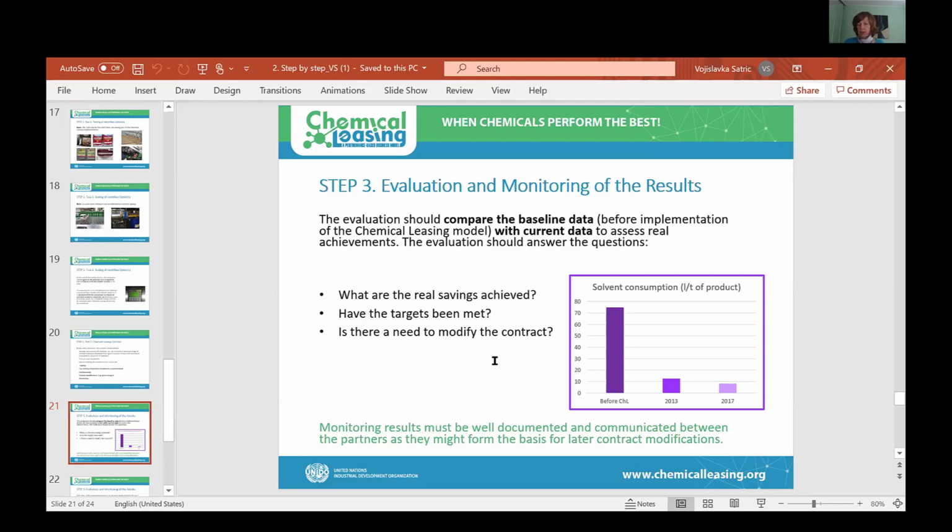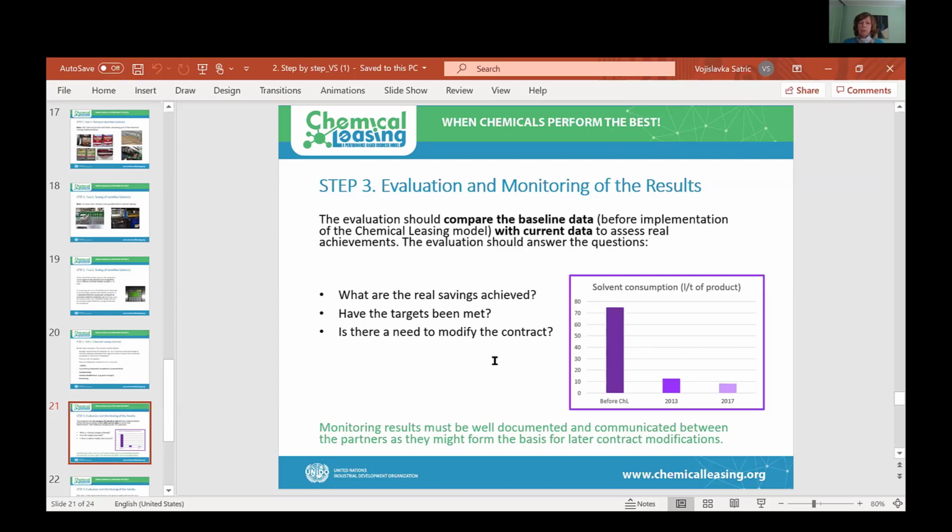In our cases, we haven't had that experience. Our contracts were not changed, and on the right-hand side, you can see results from a metal processing company before and after chemical leasing. So their results are really good.